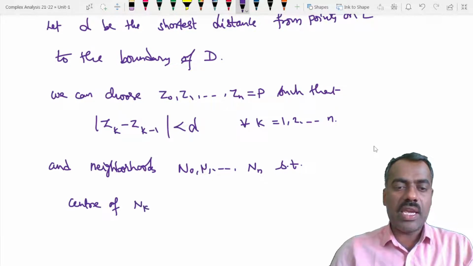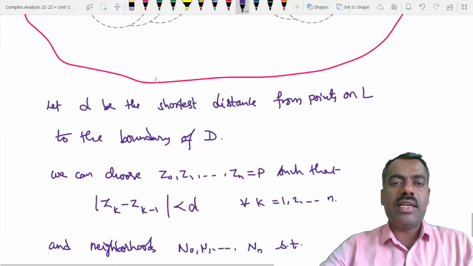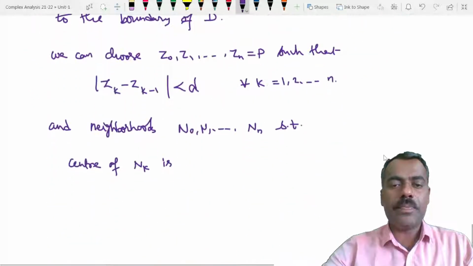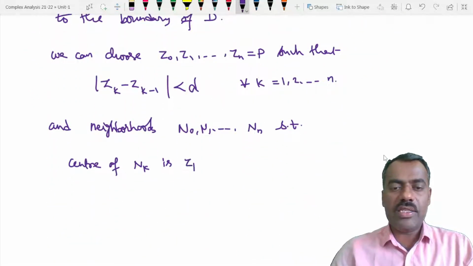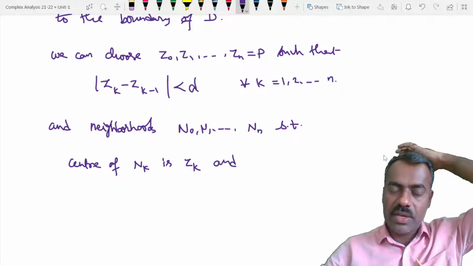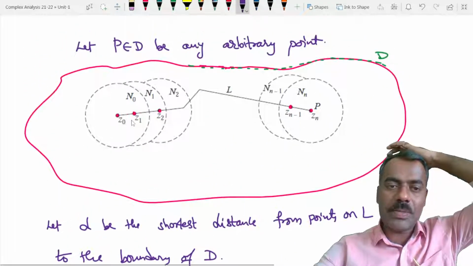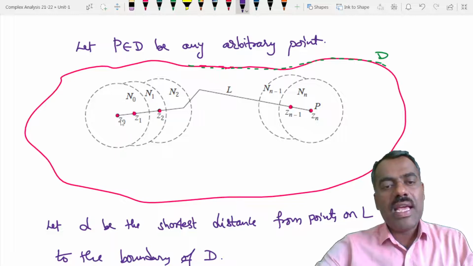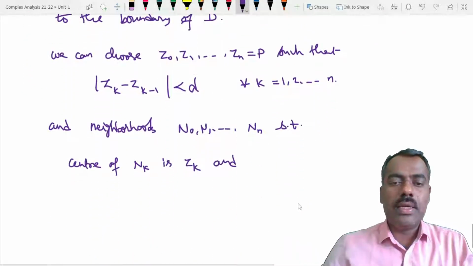the center of nk is zk, and we can observe that the distance between z0 and z1 is less than d.